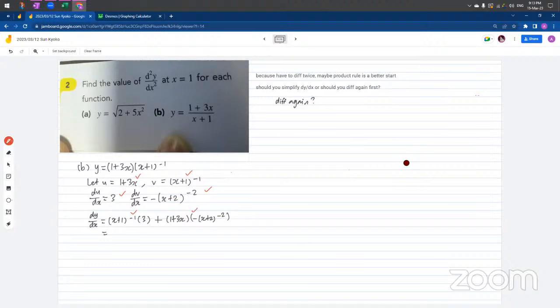I believe so, Kyoko, because first of all, if I can already differentiate, it's not that I cannot simplify. It's not that you're disallowed to do that, but maybe I want to simplify later. This will sound like a very weird advice because if you can simplify now, it'll make your life easier, right?